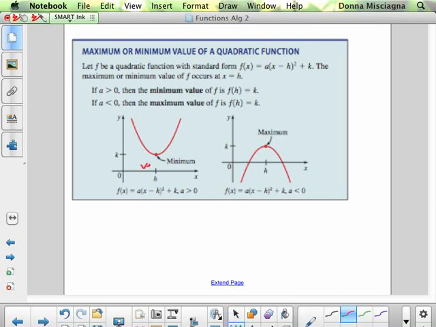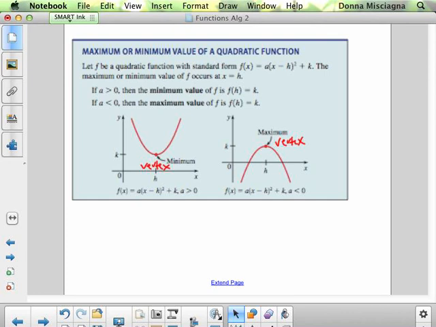Go ahead and label that as vertex. If the parabola is concave down, meaning that a here is negative, it's less than 0, then our vertex is going to be a relative maximum. Go ahead and label the maximum here as vertex, because it's called the vertex, but it's also the relative minimum or maximum of the function, depending on which way the graph is facing.